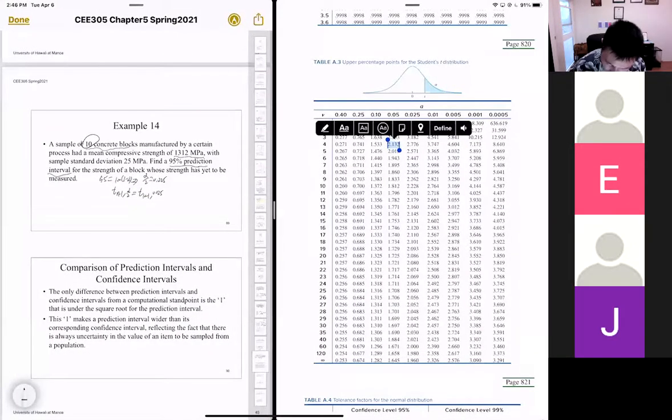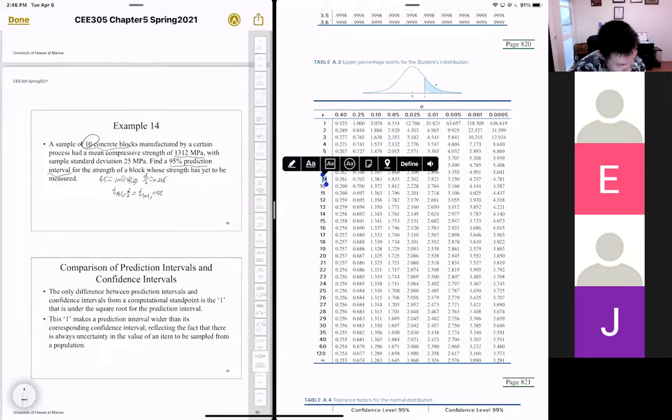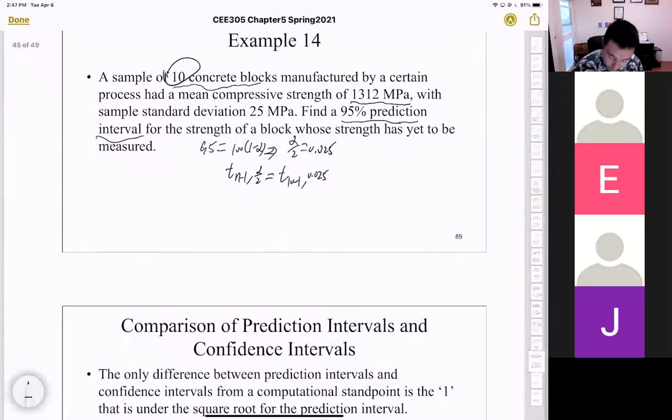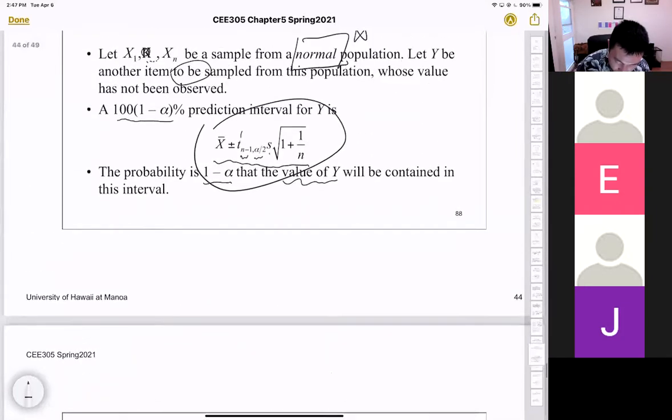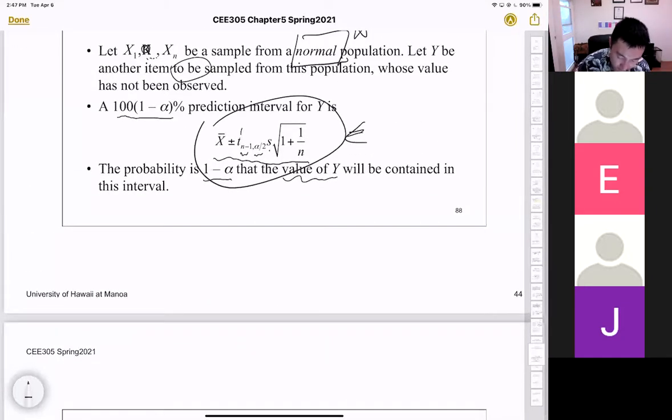The degree of freedom is 9, and 0.025 is here. So 2.262. Again, it's from table 8.3.